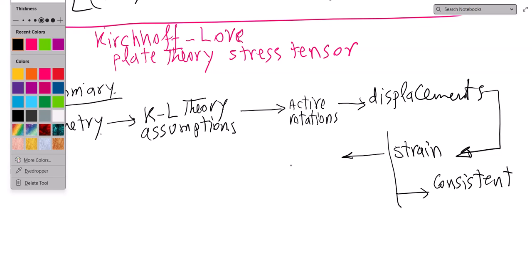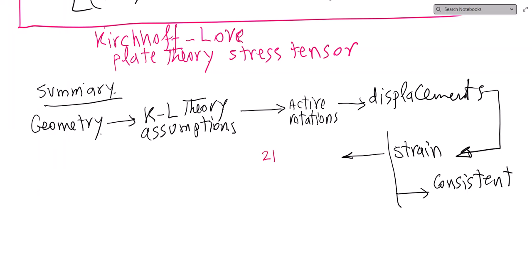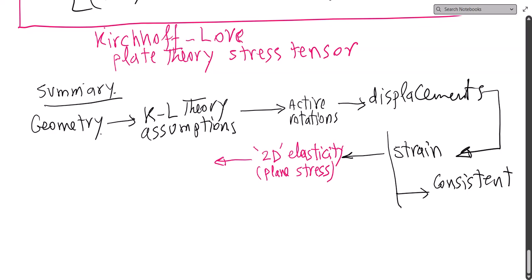But then you say, okay, 2D version of elasticity, 2D plane stress. But this plane stress is not the plane stress that we usually refer to, saying everything is two-dimensional. No, we have integrated in the third dimension, the z coordinate direction, to get into our two-dimensional.